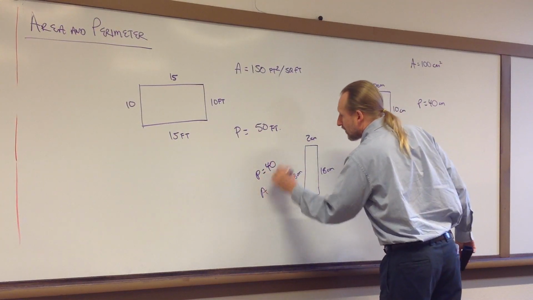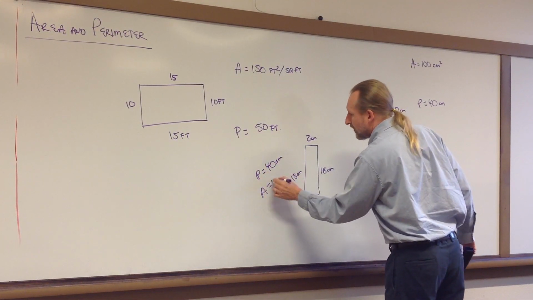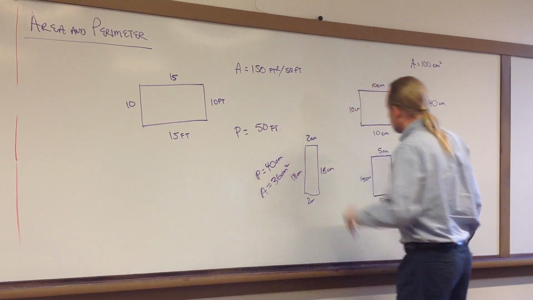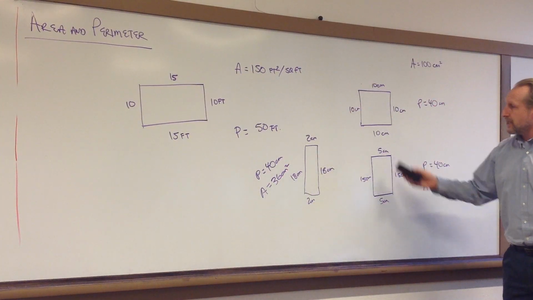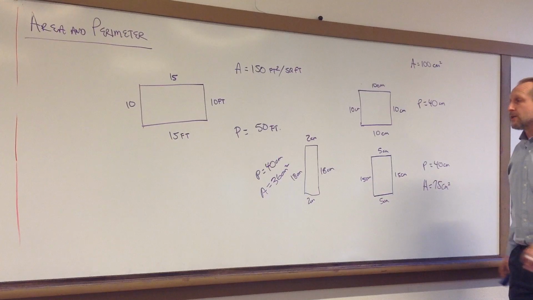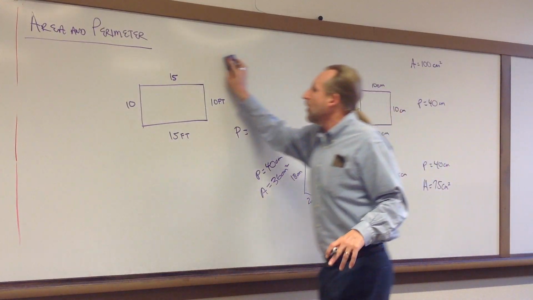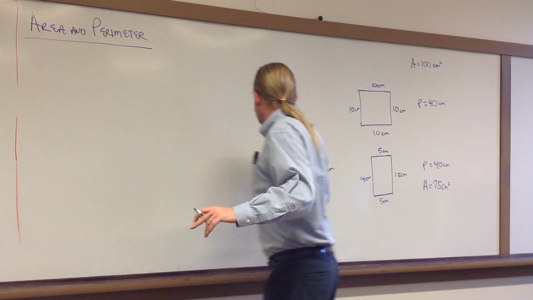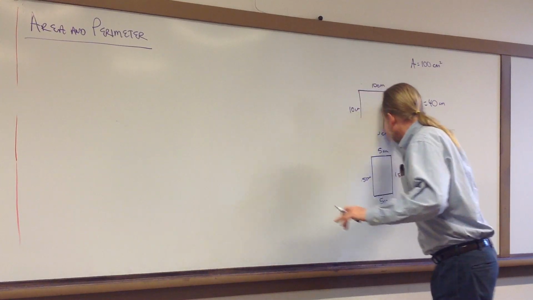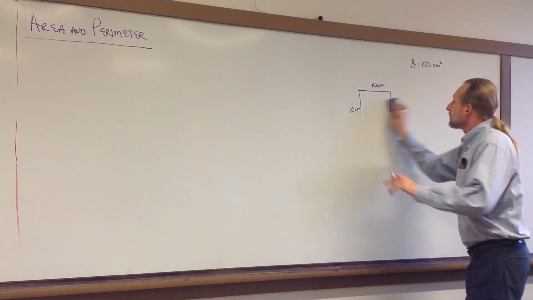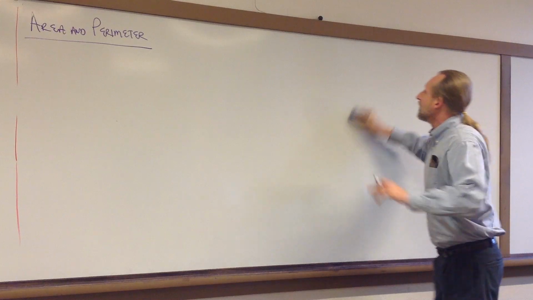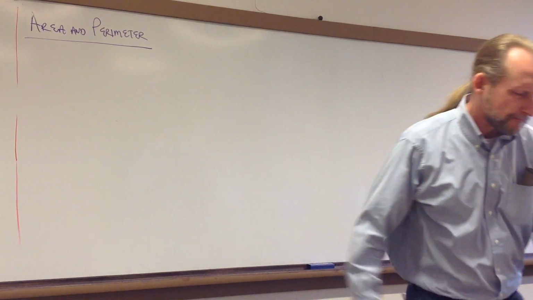But now our area is only 36 square centimeters, whereas here it was 75 and here it was 100. So that's sort of an overview of what we're going to be talking about in these problems. And I'll draw some more pictures as we look at the examples.